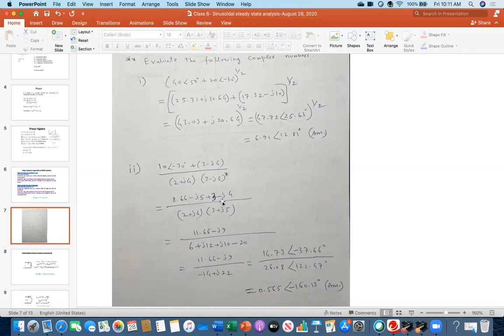Therefore, in the next line, I have changed this to 3 plus j5. And then finally, I got this result. Please tell me that from this operation you are getting this result, 0.565 at an angle of minus 160.13.